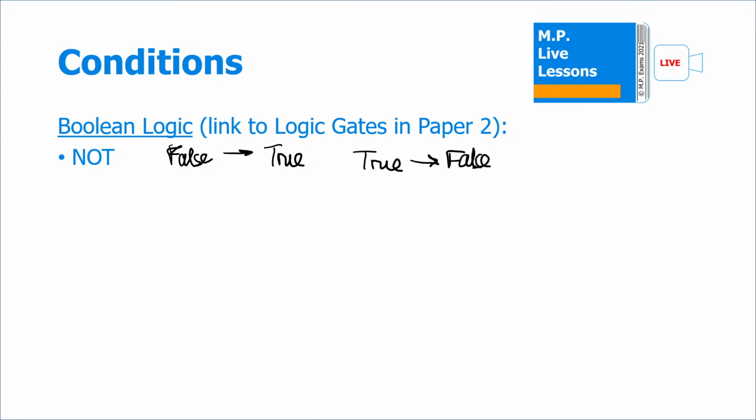For example, we could have the very obvious comparison. Let's say, is 5 equal to 5? This would be true. But if we put a not around this, then overall it becomes false. Because this is a bit like saying, is 5 not equal to 5? No, it isn't.